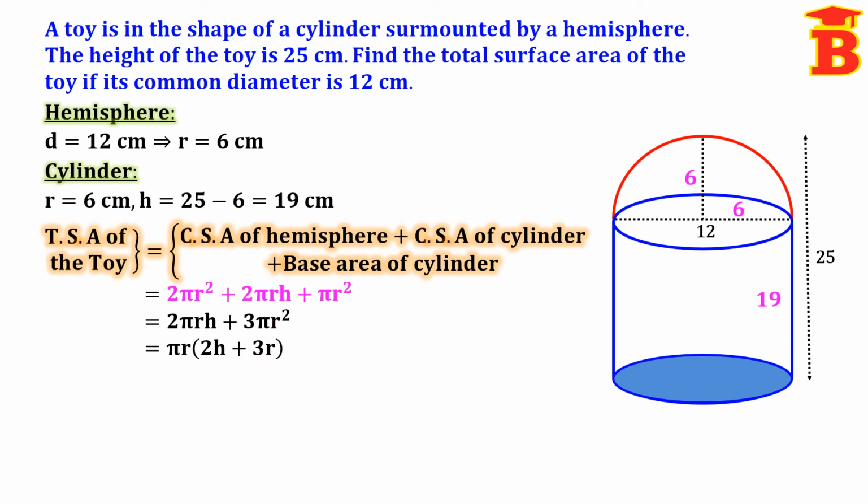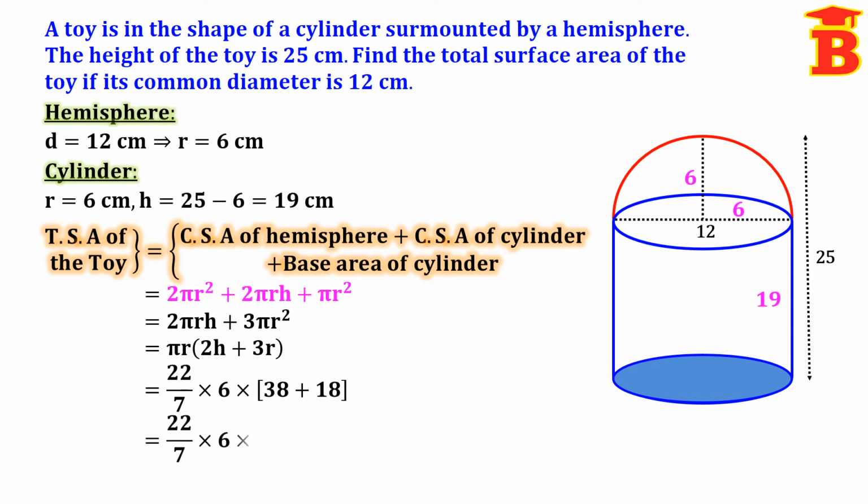Now let us substitute the values. This is equal to pi value 22 by 7 into the radius 6 into 2h, h value 19, 2 into 19 is 38, plus 3r, r value 6, so 3 into 6 is 18.